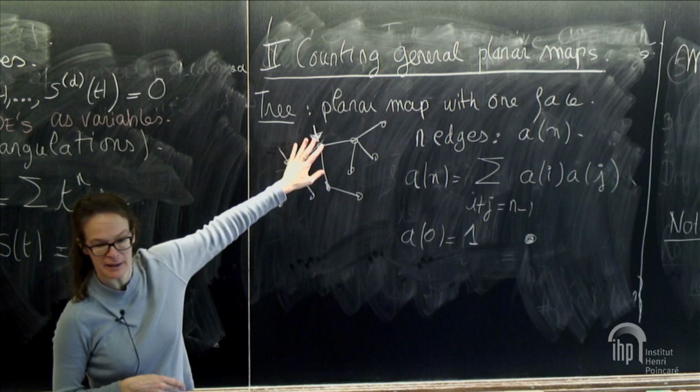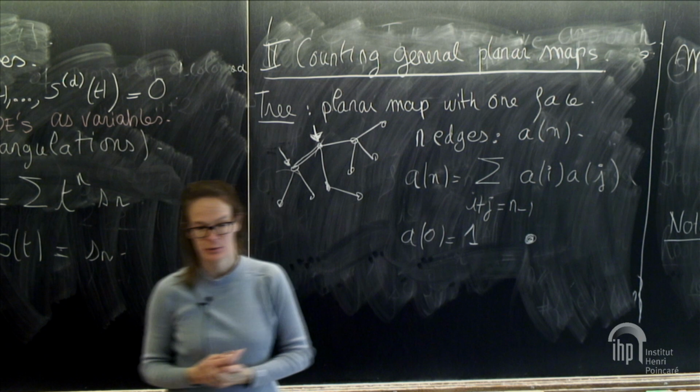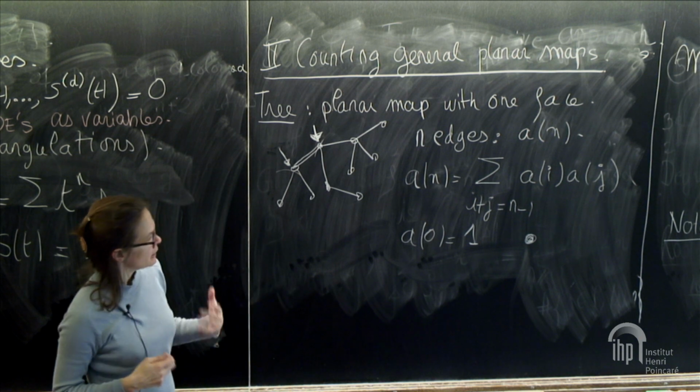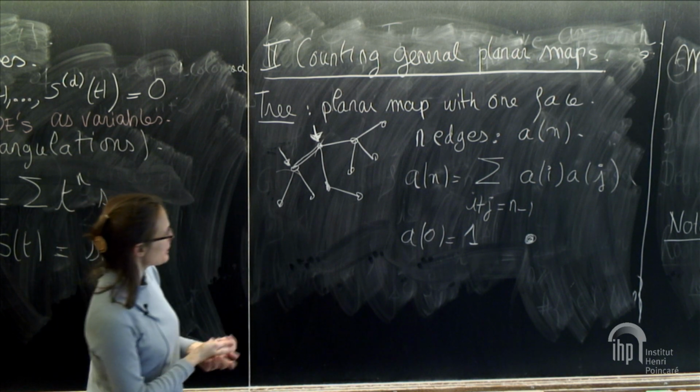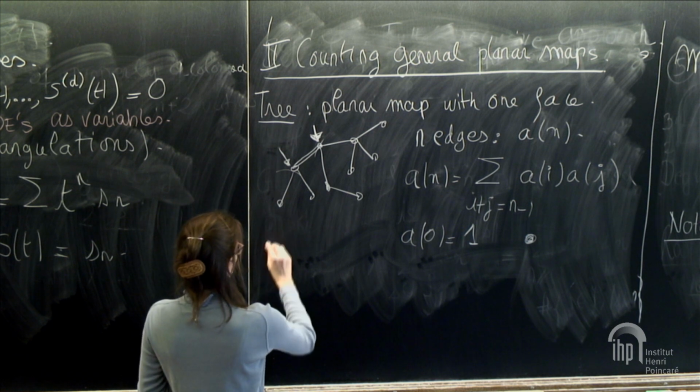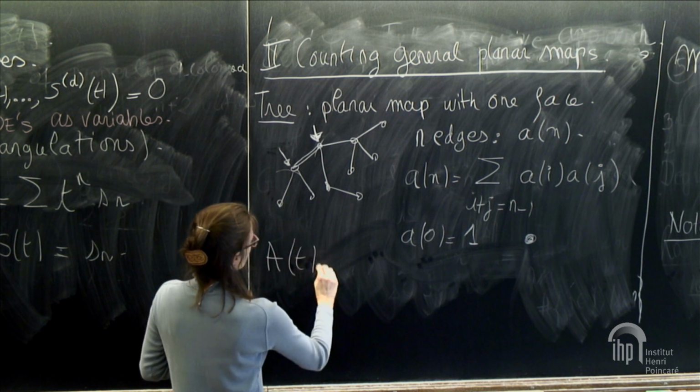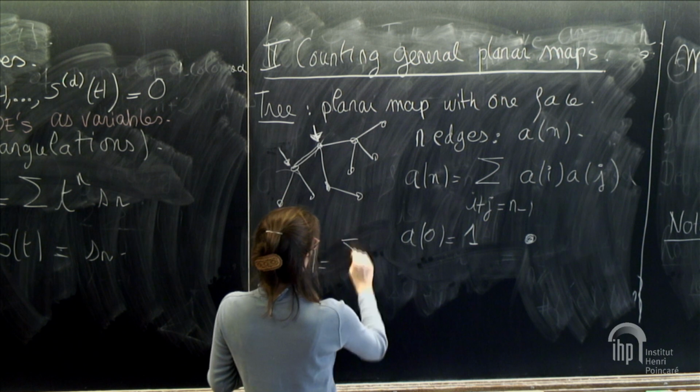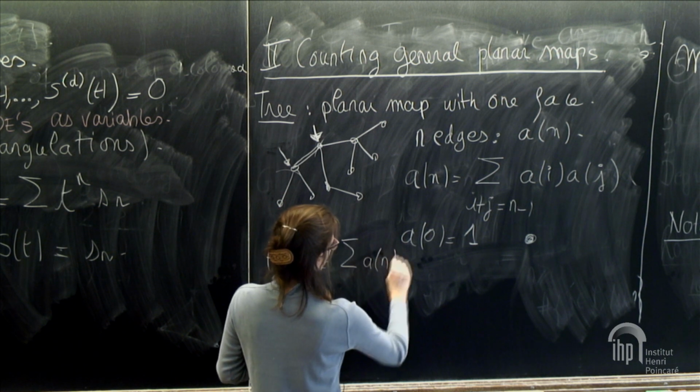Okay, so that's the standard convolution recurrence relation for trees. Since you are all familiar with enumeration, you know that this can be converted into a functional equation for the corresponding generating function.